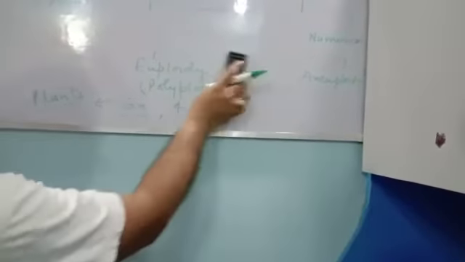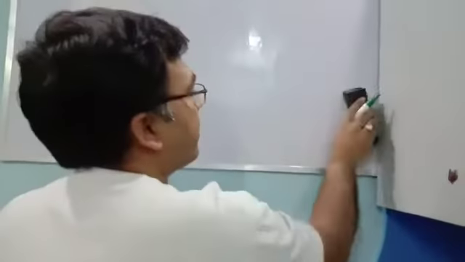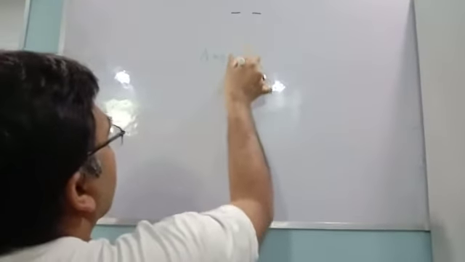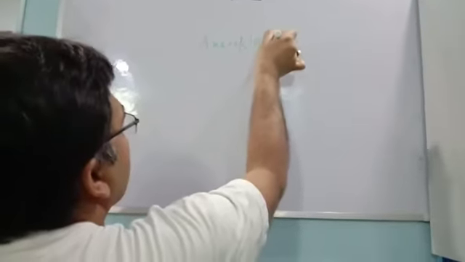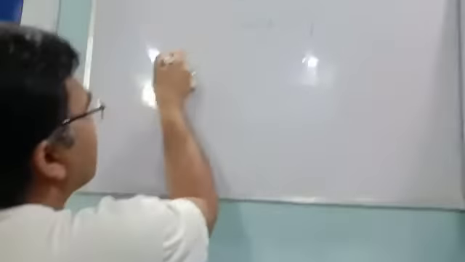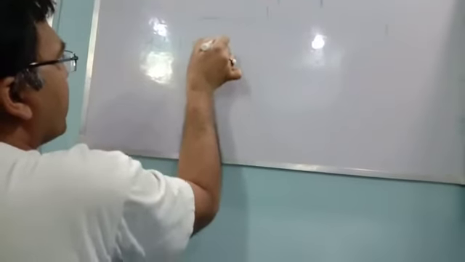So let's talk about aneuploidy, but for that I will need more space. That's why I will rub this. I hope it is clear. Okay, so talking about aneuploidy, you can see this. It is basically hypoploidy and hyperploidy.